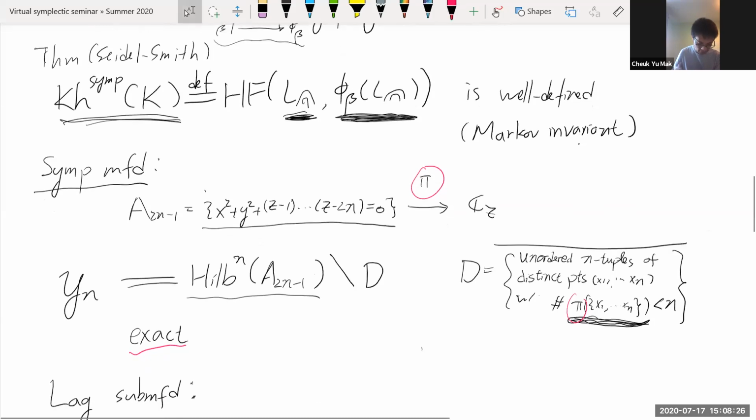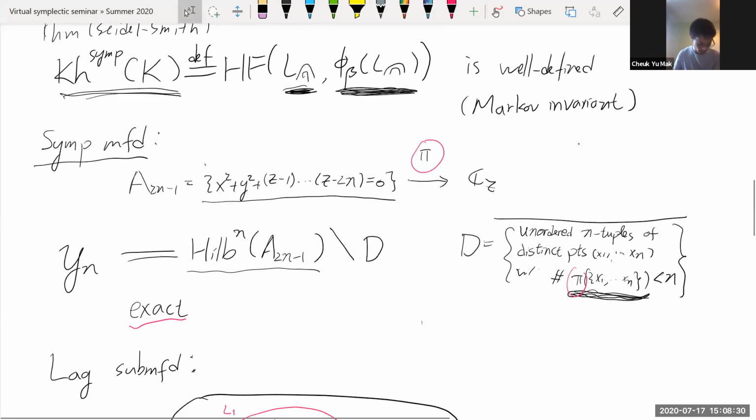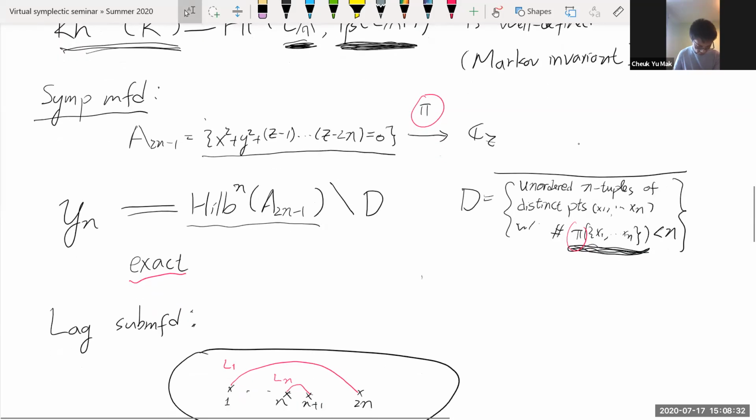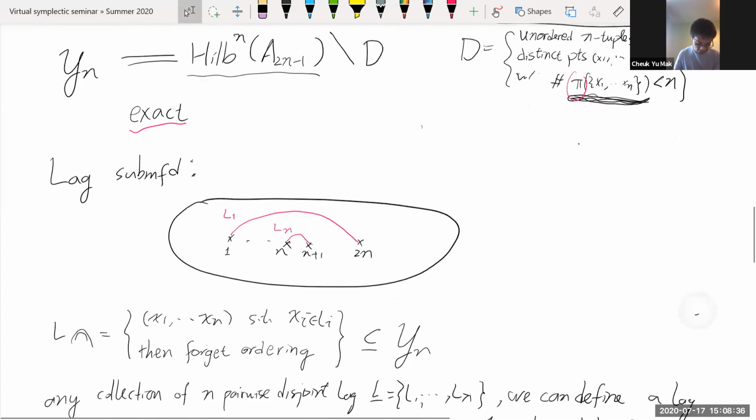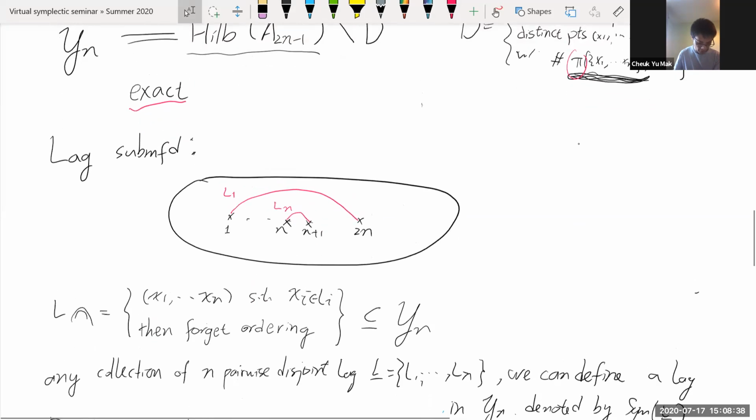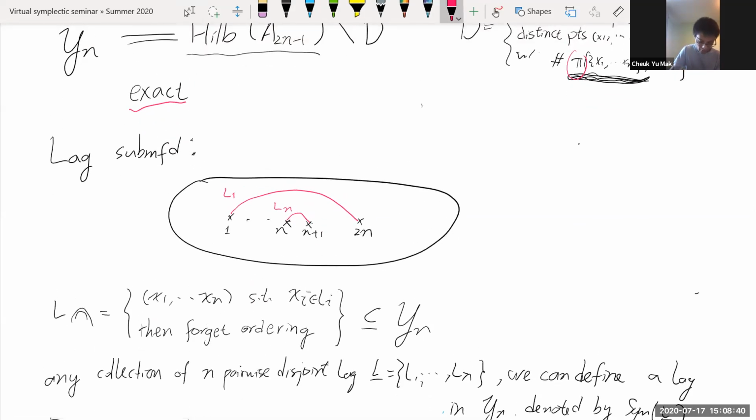Then I need to explain what the distinguished Lagrangian submanifold is. To define it, we introduce this picture. This is the base of the Lefschetz fibration with critical values 1 up to 2n. Then we consider the matching paths, the matching spheres lying above them, L1 up to Ln.